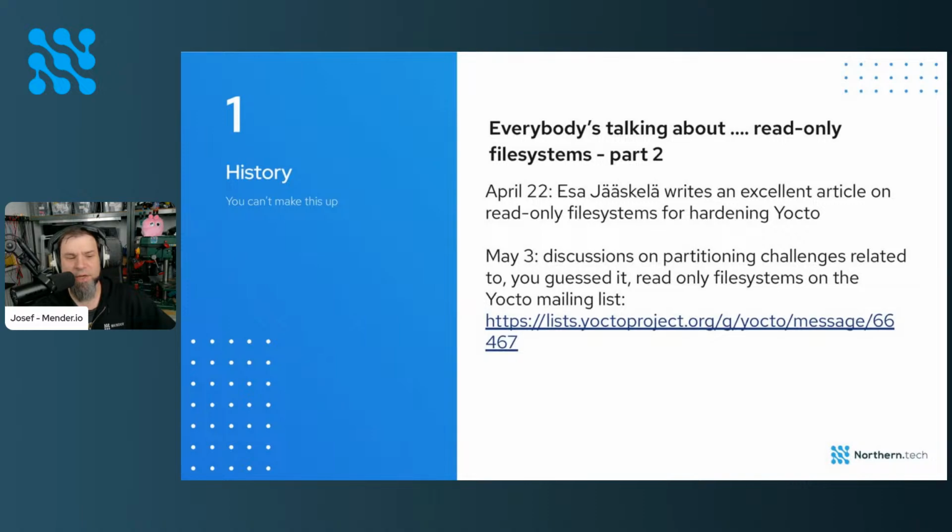And then another week later, somebody whom I might know shows up on the Yocto project mailing list and is like, yeah, so now I've got this read-only file system project, and for partitioning reasons, I need to take care of this and this and that. How do I do this? Read the linked thread here. So essentially, you have the article, and you have the thread here, which outlines a couple of other small nitpicks, and then you're set. So why should you listen to me?